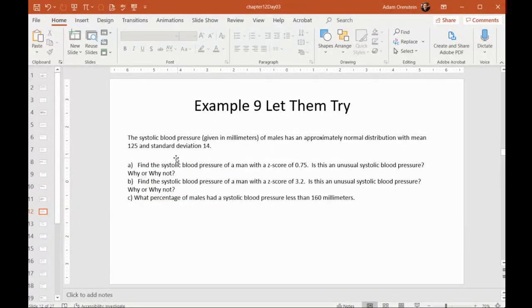Here, what I want you to do is just parts A and B. C we'll do together. It's a word problem from the textbook.